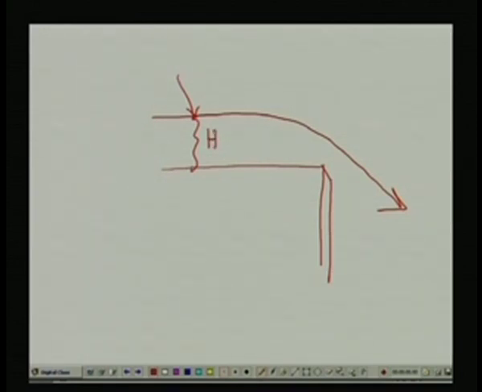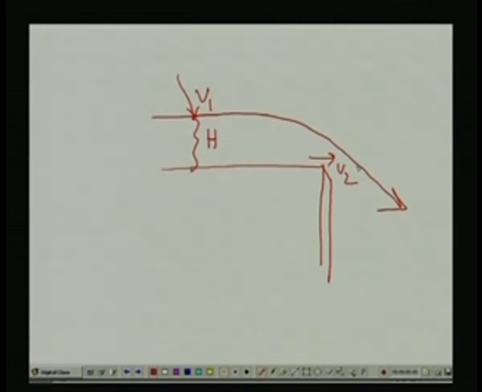Here, if I take the velocity V1, and at the crest the velocity V2, then we can easily write the Bernoulli's equation. Our goal is to measure this height H by any means. What the different means are, I will show you later on. By measuring H, I can calibrate this instrument in terms of flow.